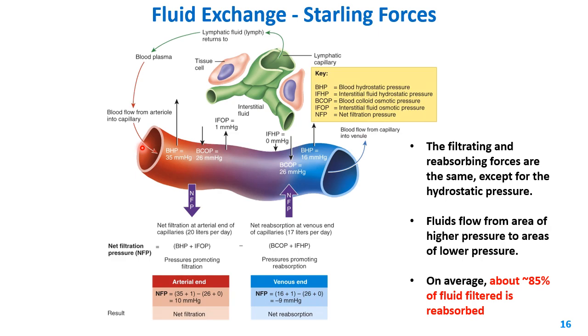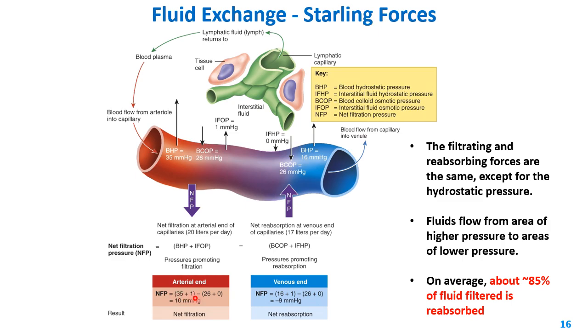So let's say, just like we said before, what you're going to see here is what is favoring filtration. We said it is going to be your blood pressure here at the beginning of your capillary, and the osmotic pull. So see the arrows? These two arrows are going to favor filtration. So here we are going to say favoring filtration. That's the blood pressure.